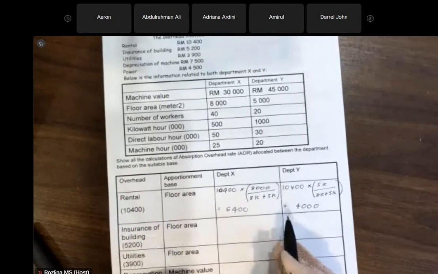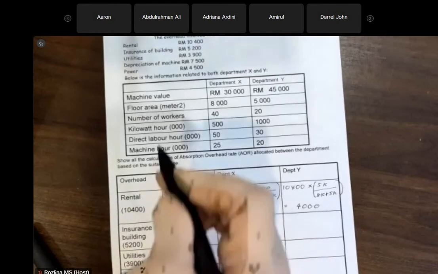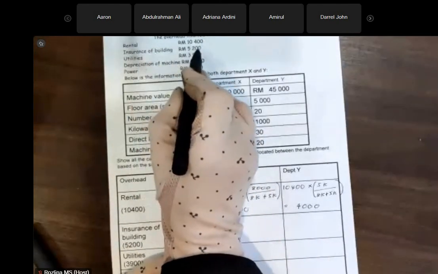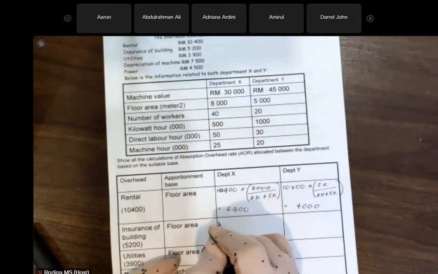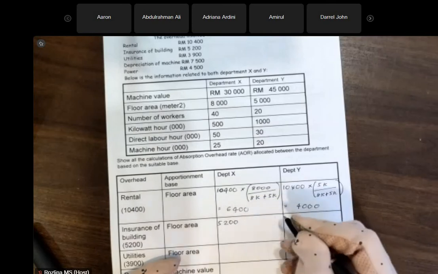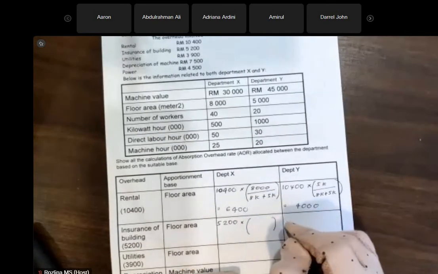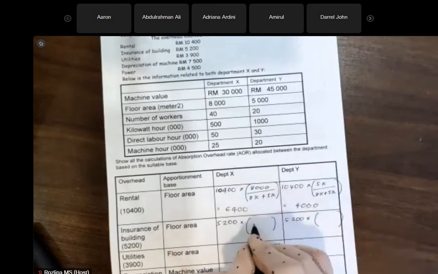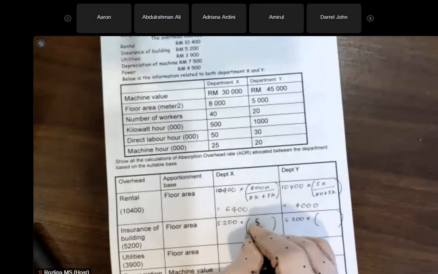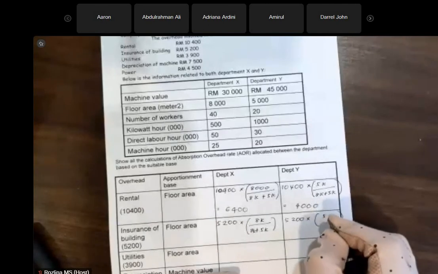Okay. As for this one, insurance of building, it is based on floor area. What is the insurance of building cost? 5,200. So it must be absorbed based on the floor area, which is the same floor area, with 5K for this one.